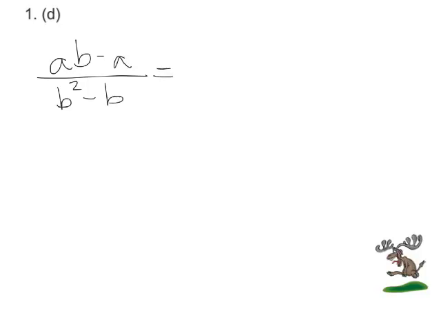And oftentimes when I see a polynomial, I think maybe a good move would be to factor the polynomial if we're trying to simplify things. So if I simplify the numerator by factoring, I get a times b minus 1. And we can see that the a times b is ab, and a times 1 is a.